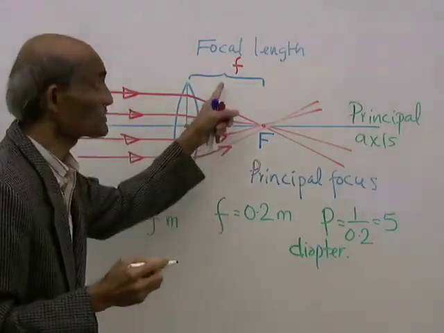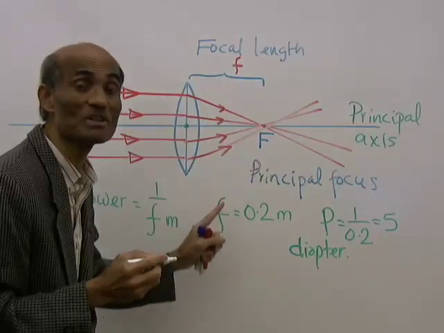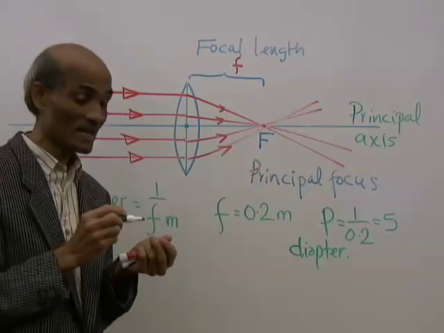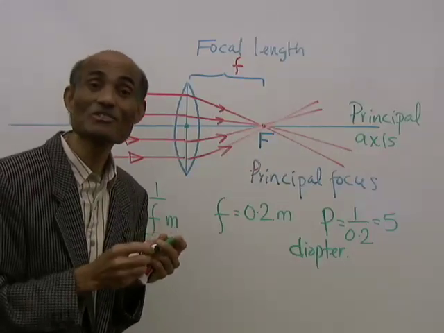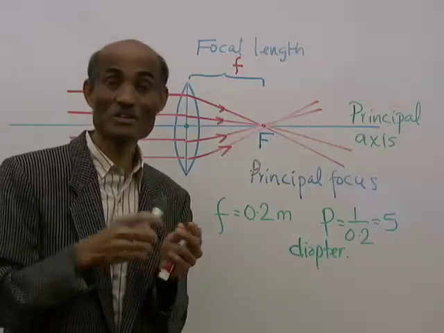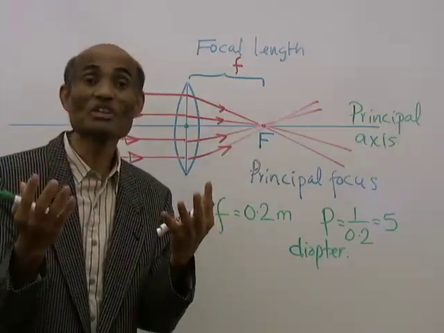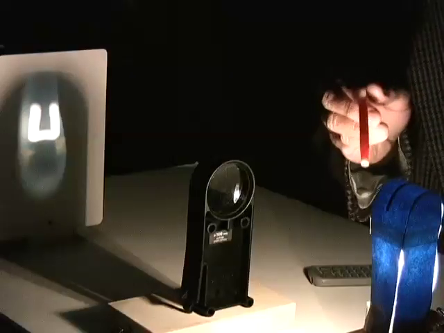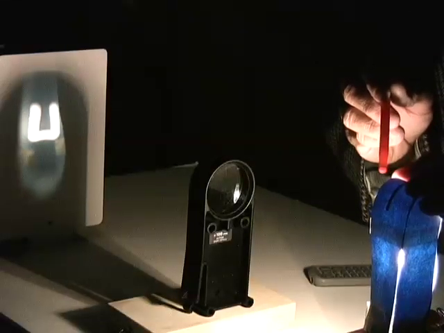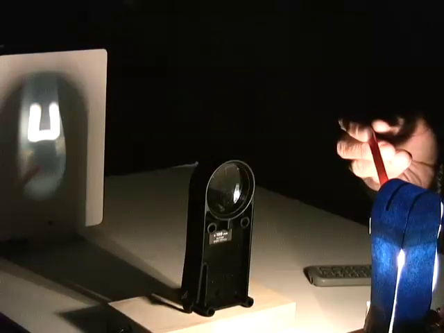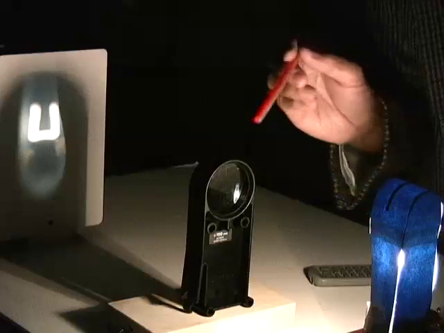So a lens has a focal length which determines its power. The most important thing about a lens is that a lens forms images of objects. And in today's lab, we will study the images formed by lenses. Here I have a lighted object. That's actually a bulb, and that's the object. And you see the filament of the bulb is the object.